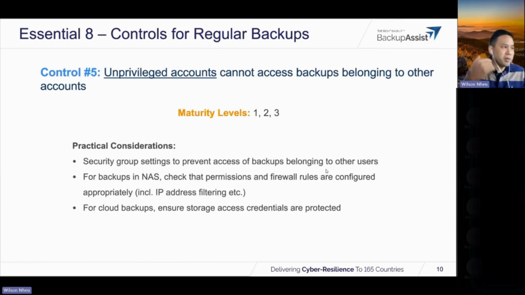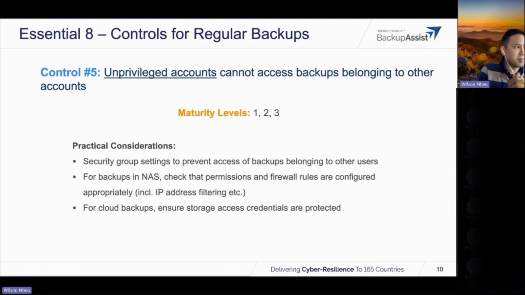Okay, so from here onwards, I've gone through 4 controls, and those 4 controls cover a lot about the backups: carrying the backups, securing them, making sure of where they're kept, the kind of device they're on, whether they're secured and so forth.